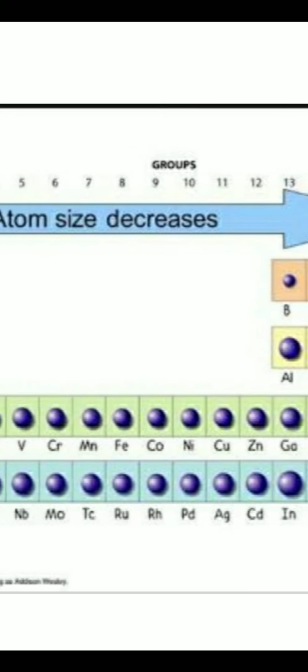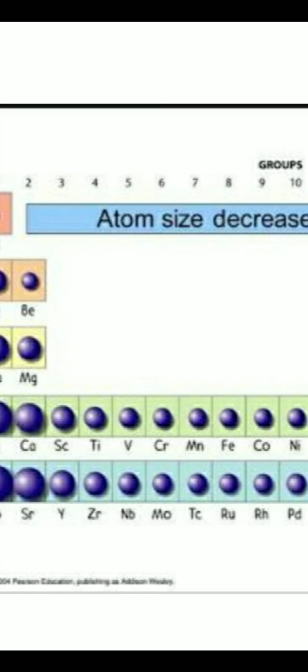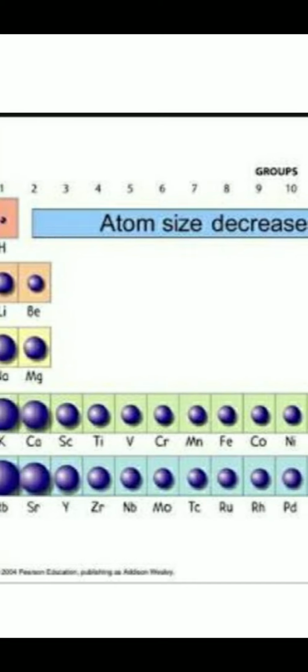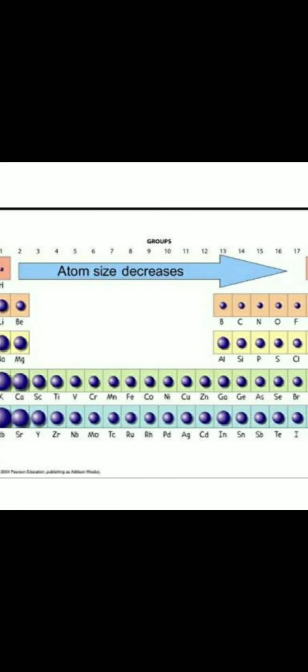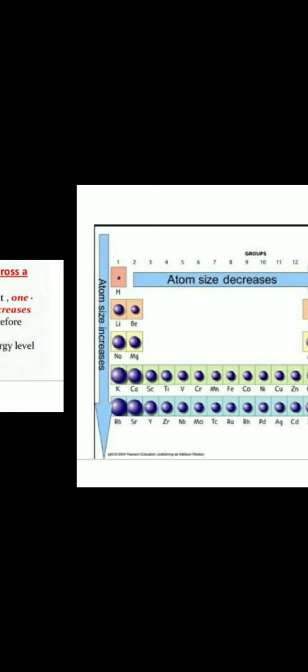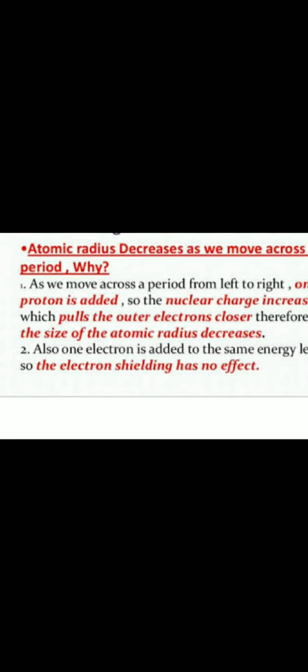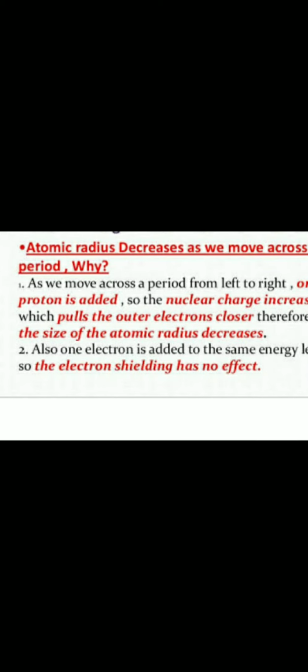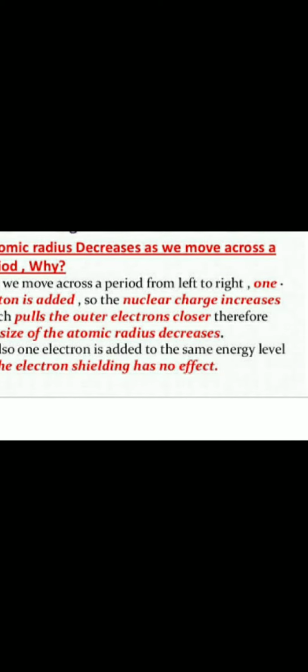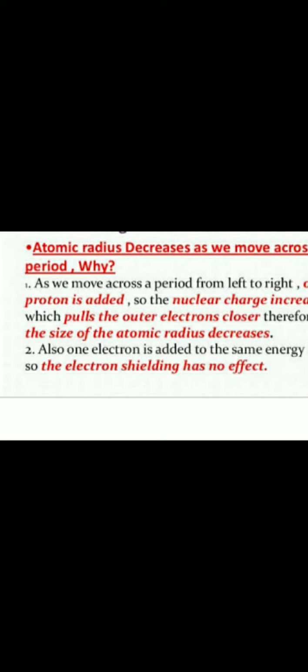We can observe this trend and also study it by arranging the given radii in decreasing order of atomic radius. So this trend is that atomic radius decreases as we move across the period.